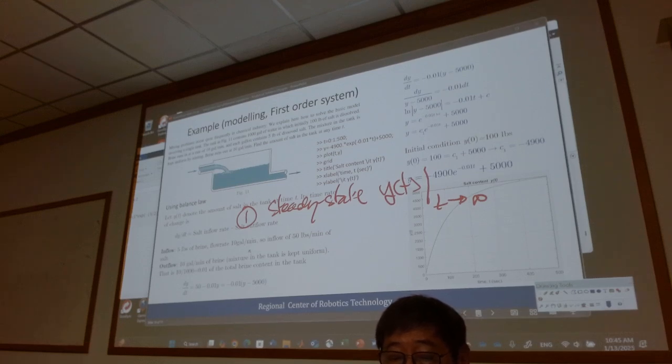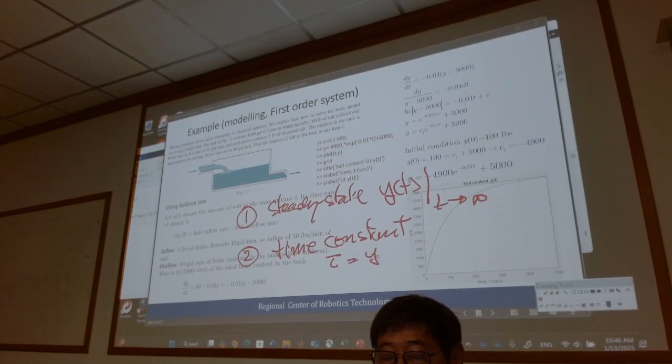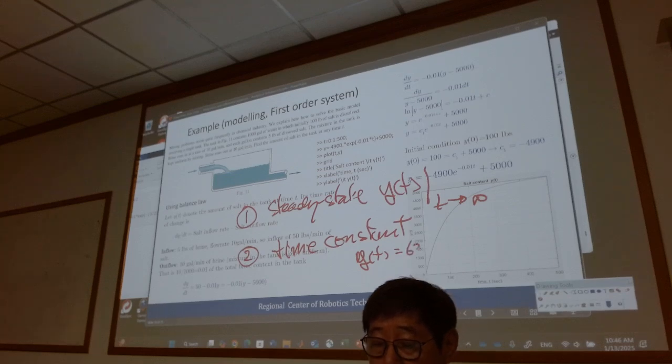Number 2, time constant. We use tau, let's say, where y(t) equals 63.3%, right?